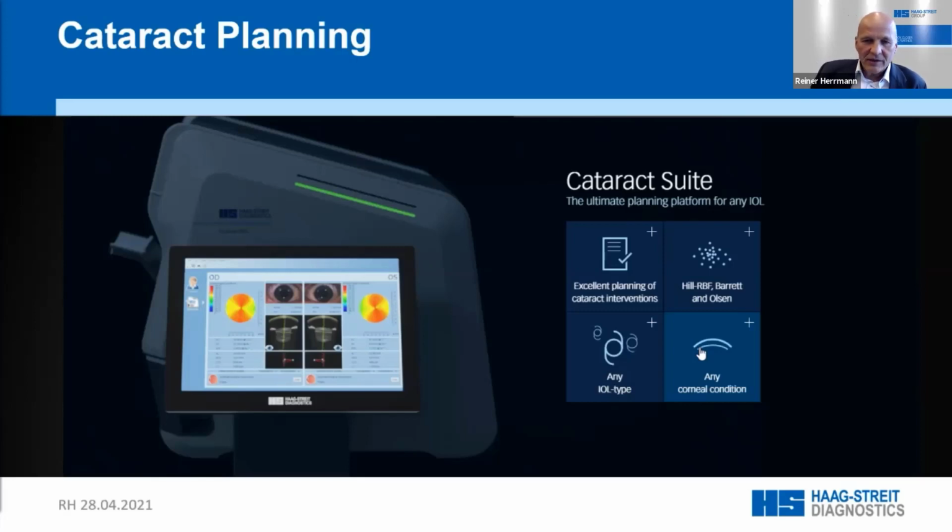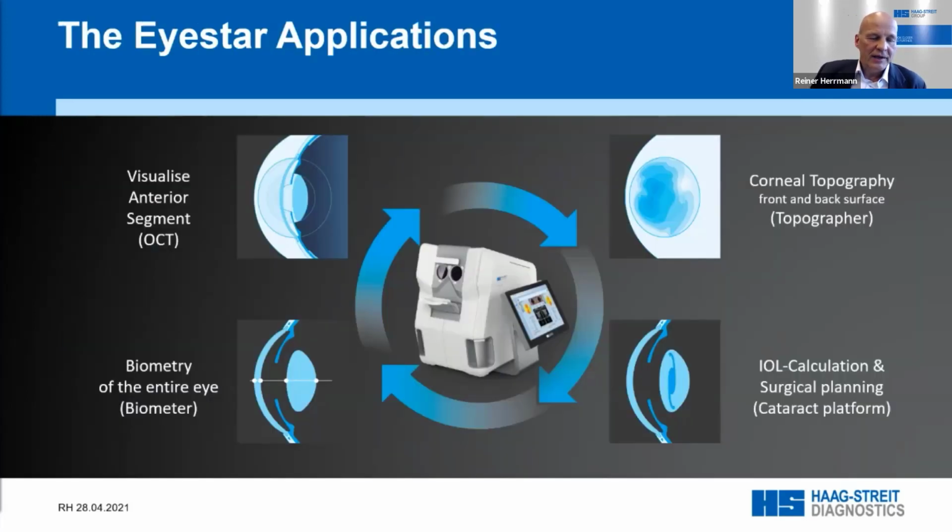So with these features, the Eyestar is designed for a number of applications. First and foremost, it is designed for cataract surgery planning, as we launch it today. It measures the biometry of the entire eye, so different structures, different compartments are precisely measured in a three-dimensional way.